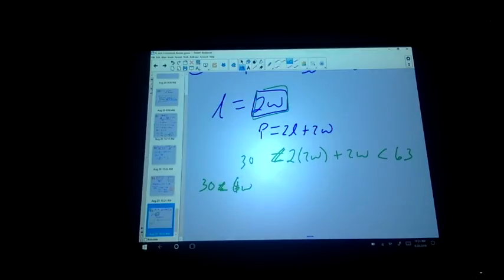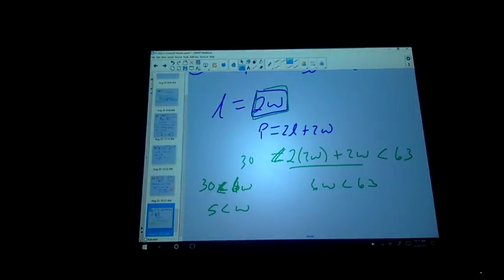That's 6W. This center comes out to 6W, right? 30 is less than 6W because 2 times 2W is 4W. Yeah, it's trying to be. This computer's getting slow on me right now. I don't know why.